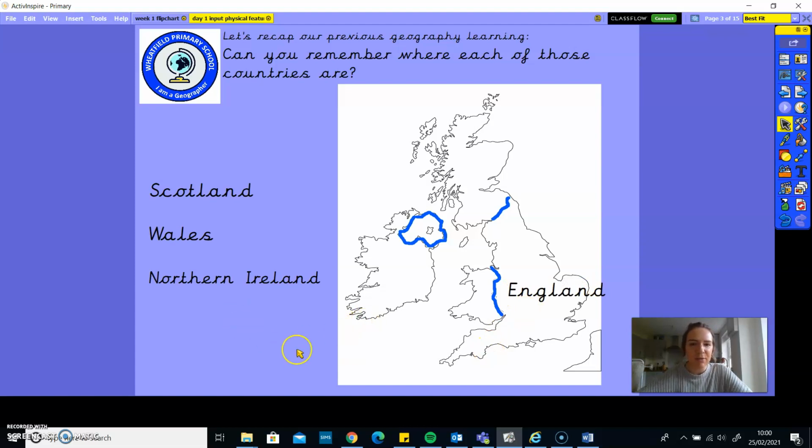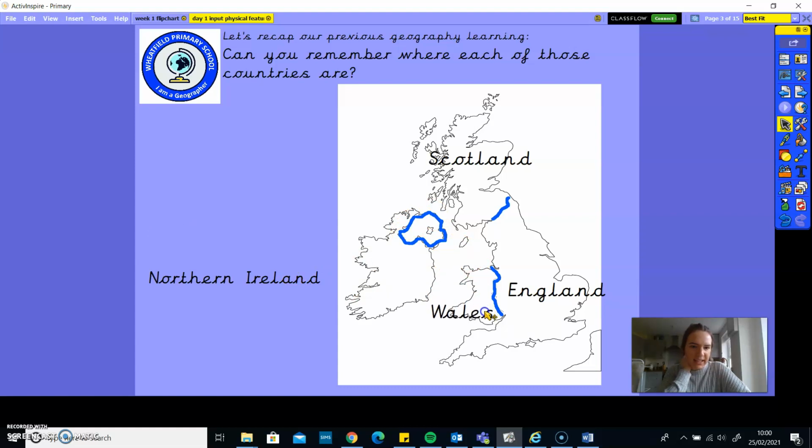Next one then, can you remember which of the 3 we've got left is Scotland? Which of these is Scotland? It is the one at the top, so on top of England. Next one, can you remember which bit is Wales? Which of the 2 countries we've got left is Wales? Is it this one here next to England, or is it this one over here?